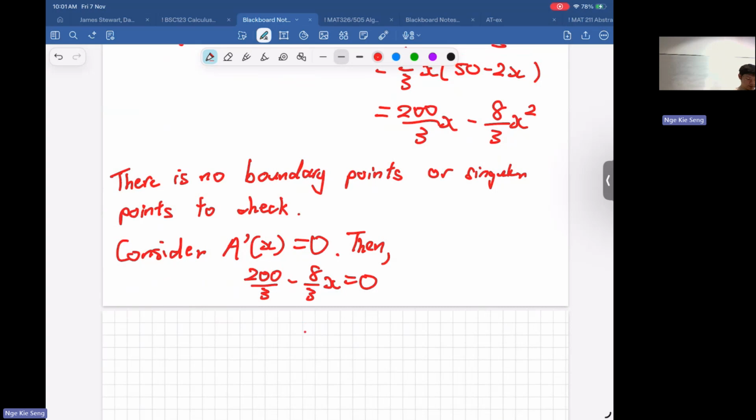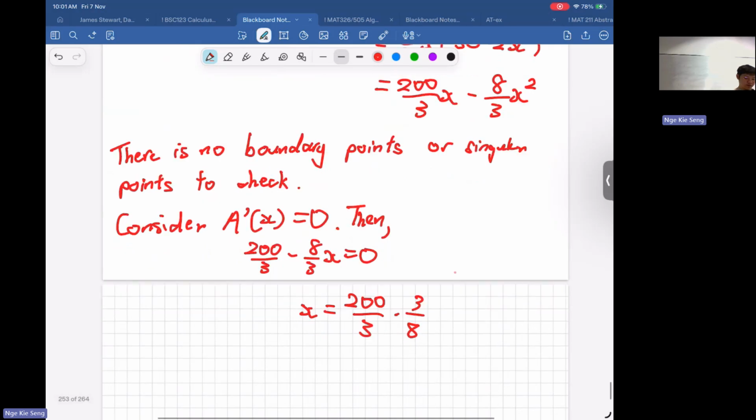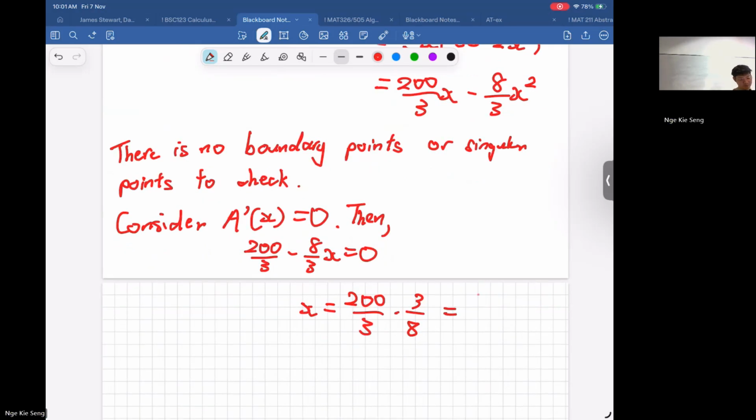So x equals 200 over 3 times 3 over 8. Is it divisible? So what's the unit you use here? Meter.